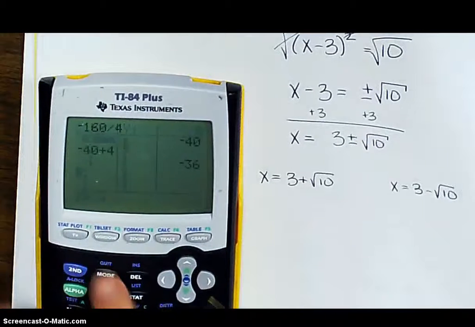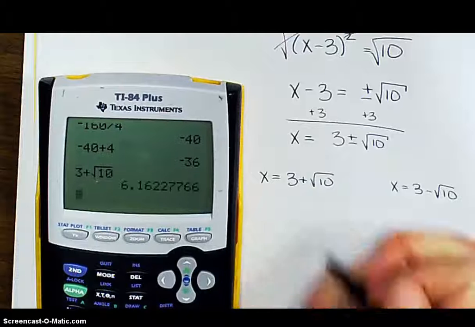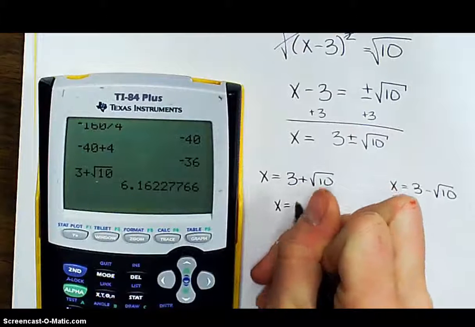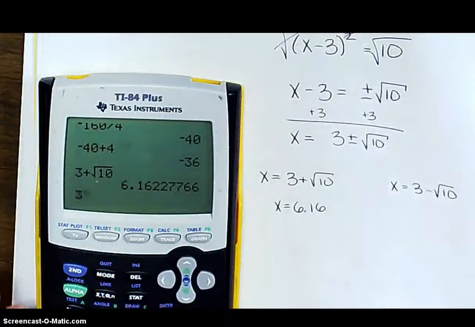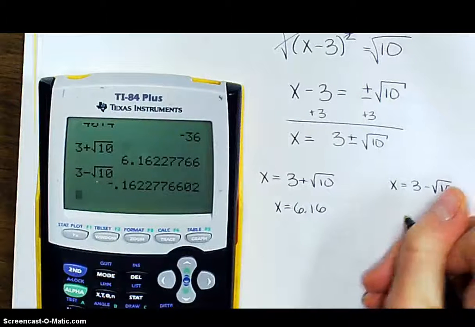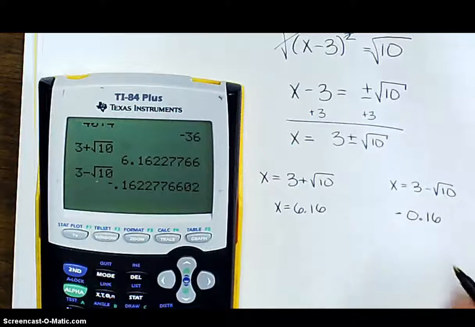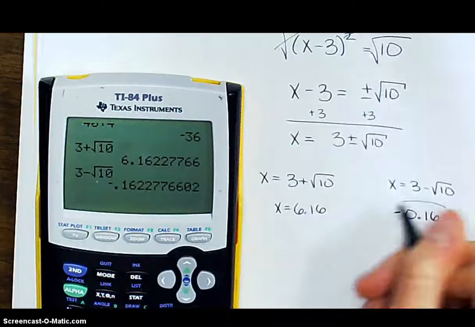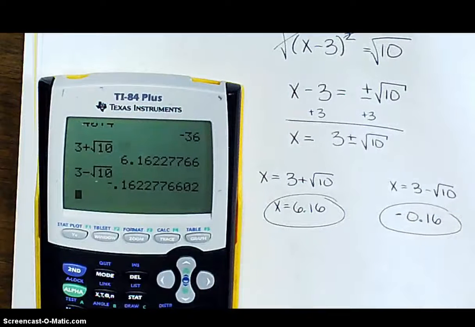So here we go. 3 plus radical 10, and we get x to be equal to 6.16. And now we're going to do 3 minus radical 10. And we get negative 0.16. And ladies and gentlemen, those are your two solutions for x.